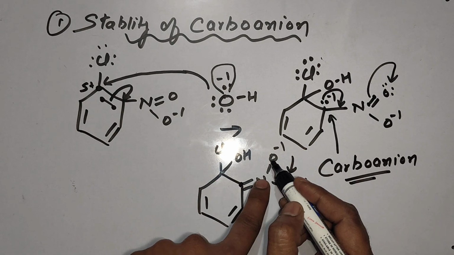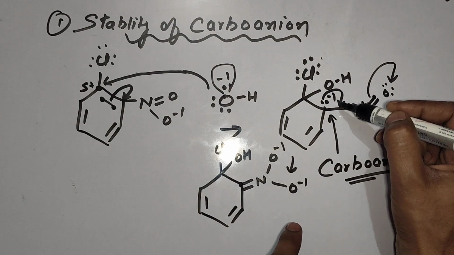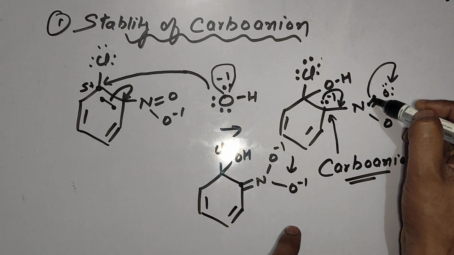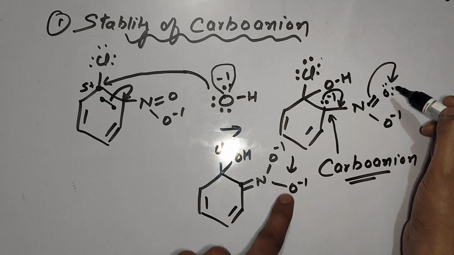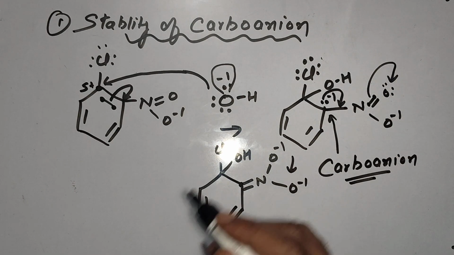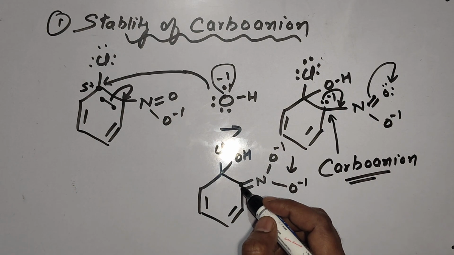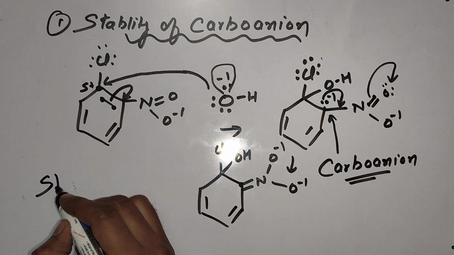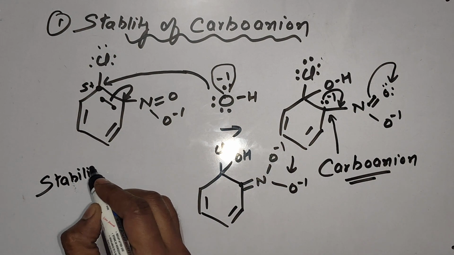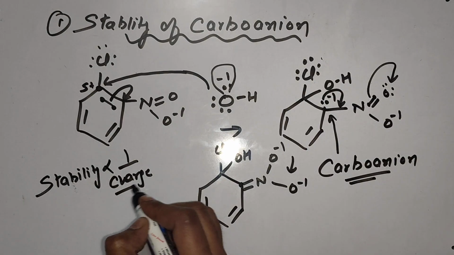And that negative charge is transferred to oxygen, because oxygen, on behalf of these electrons, is pulling these pi electrons toward itself like this. So negative charge is coming on this oxygen. But what happened? At least the negative charge of this carbon is finished. And right now I said carbanion stability is inversely proportional to charge.